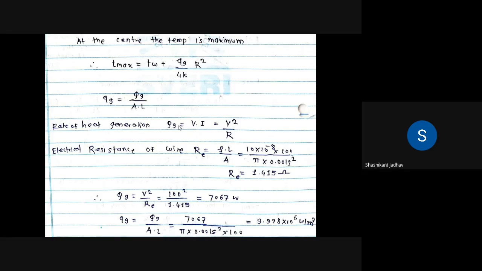Small Qg value we have calculated. Tw is known to us, that is 100. Then K is given, 20. R is known to us, 0.0015 bracket square. So all of you put these values into the equation, find out the value of T max, and put that answer in the chat box.